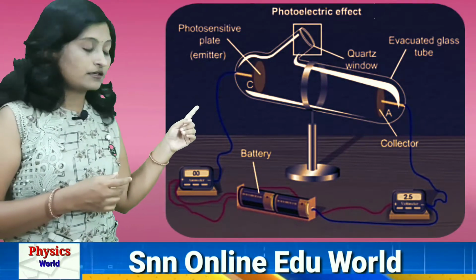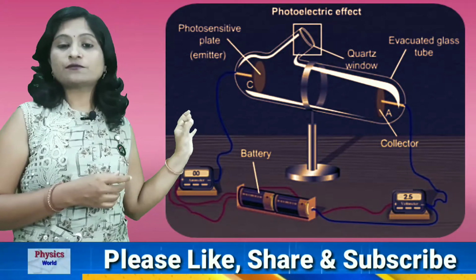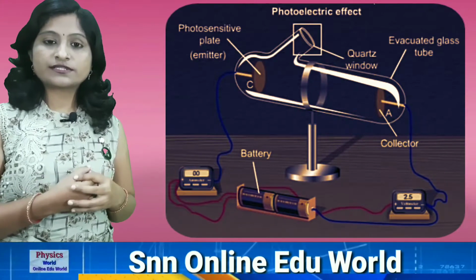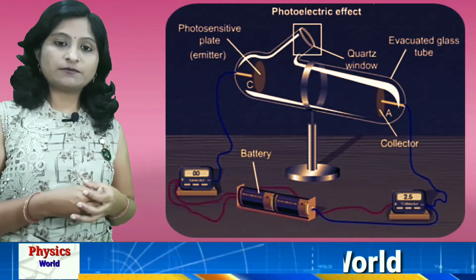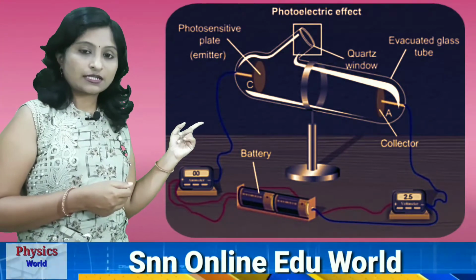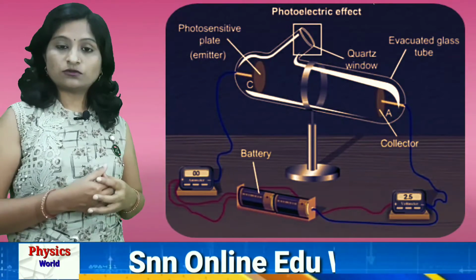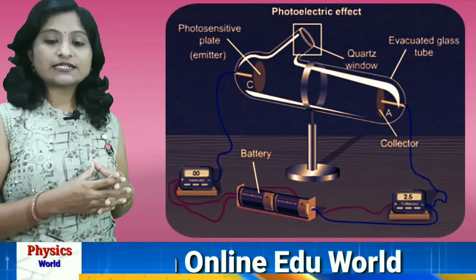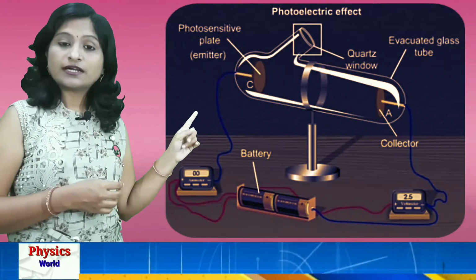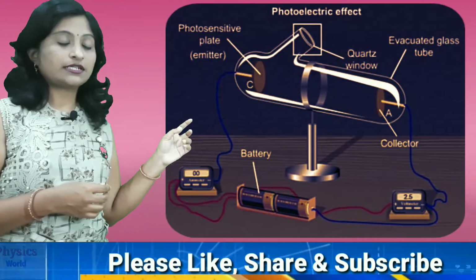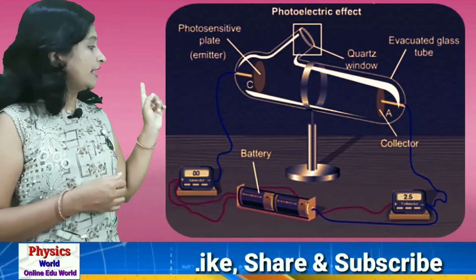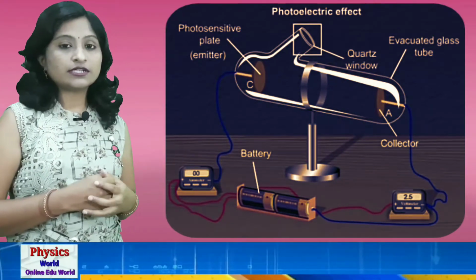C is a plate made of photosensitive material, which means whenever light falls on its surface, it reacts immediately. In front of that cathode, another metal plate is kept as a collector, also called an absorber or receiver. It is represented in the diagram with an A. So A is the collector and C is the cathode or emitter.